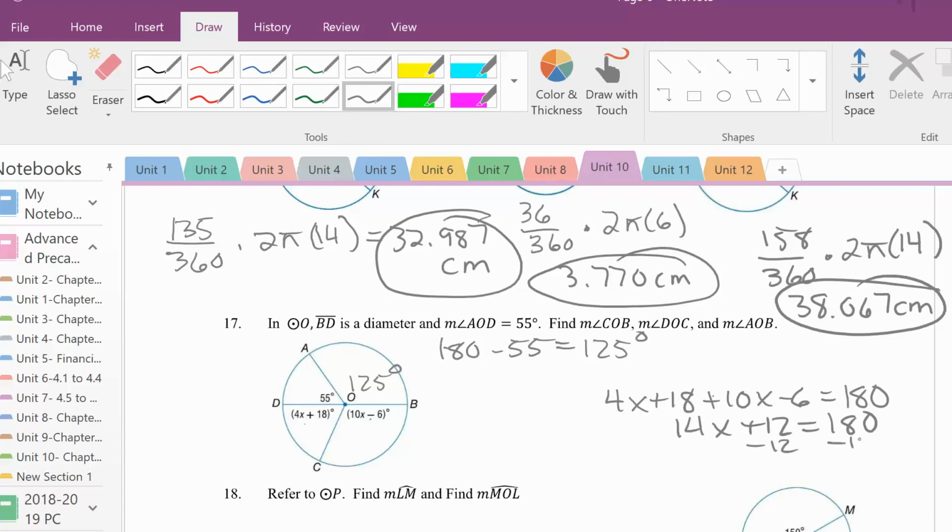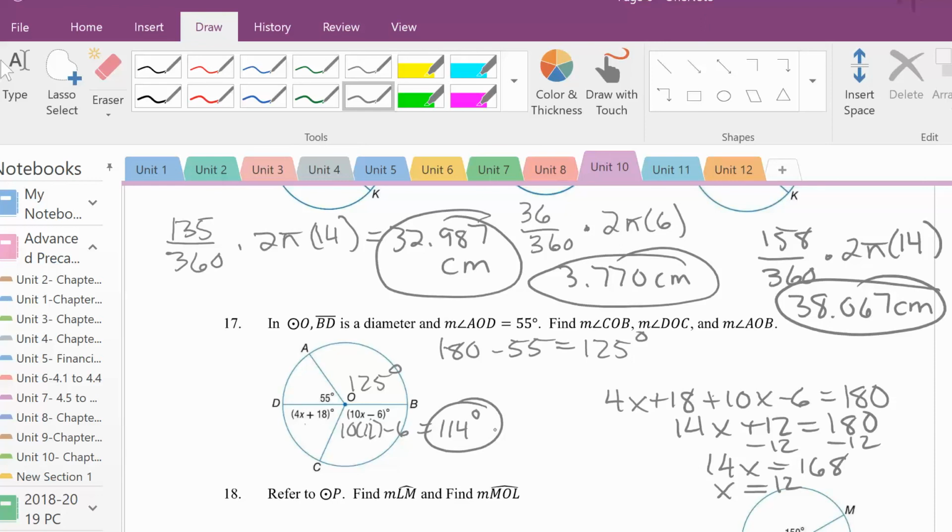Subtract 12. 14x equals 168. And x equals 12. So to find the measure of angle COB, you go 10 times 12 minus 6, which is 114 degrees. So that's COB.